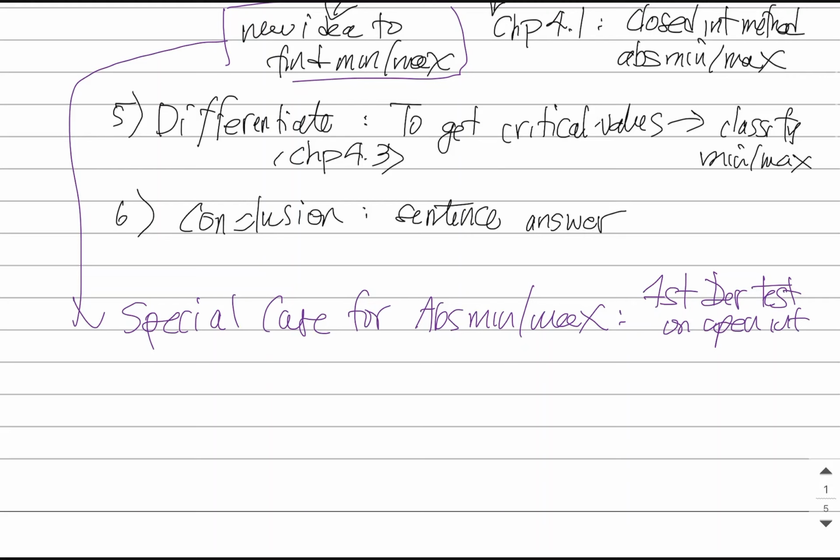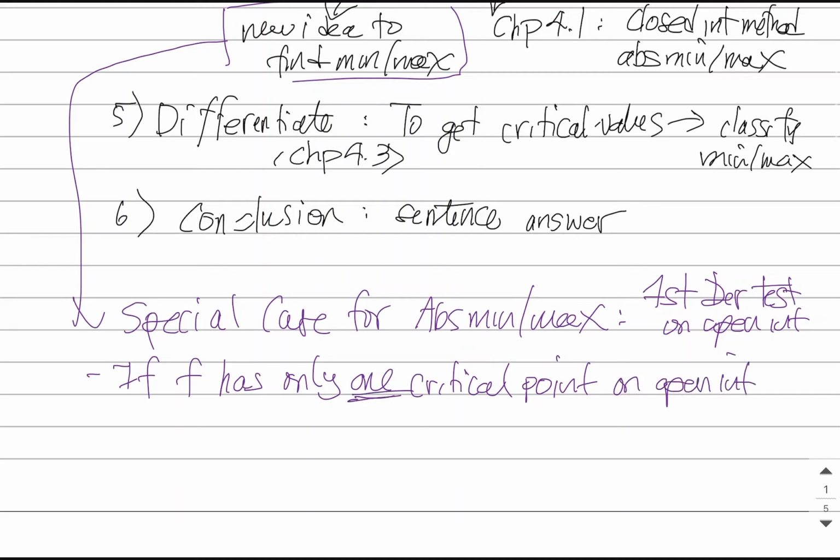And so the idea here is that if your function has only one critical point, so it has to be a point in its domain, where the derivative is 0 or doesn't exist. And if there's only one on your open interval, then the situation is either you've got your first derivative being positive to negative, or your first derivative going negative to positive.